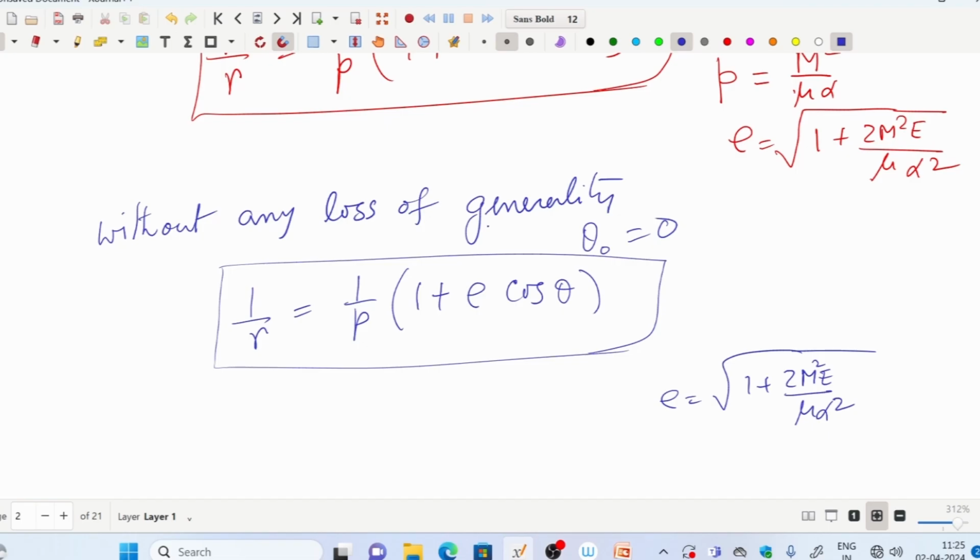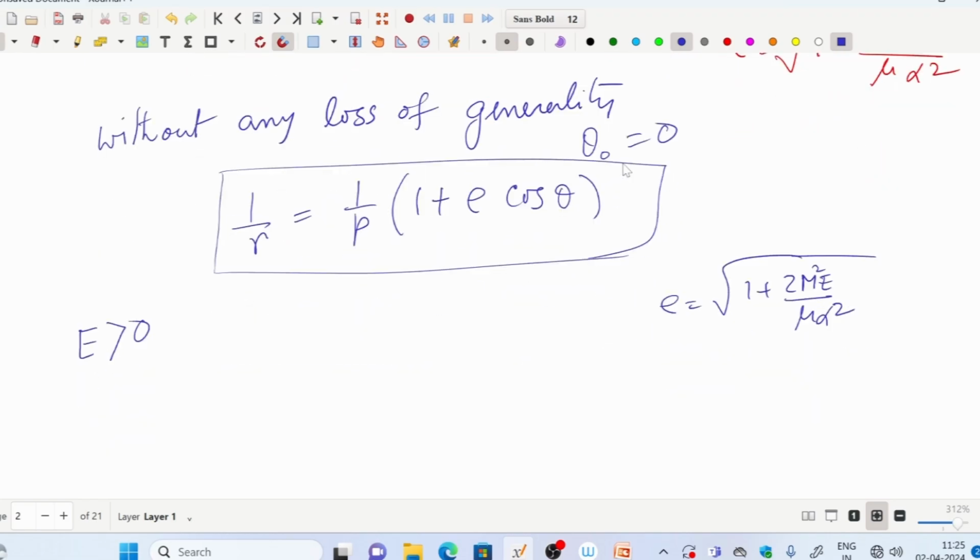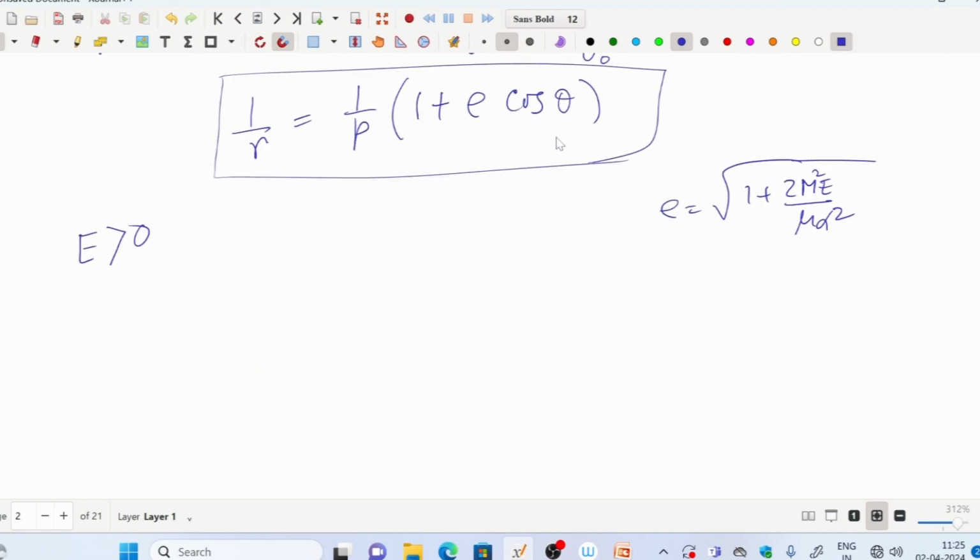So e is the square root of 1 plus 2 M squared E by mu alpha squared. Suppose your energy E is greater than 0. In that case the small e will be greater than 1, because all things are positive here. Alpha is positive, mu is the reduced mass and of course positive, and the angular momentum squared is positive.